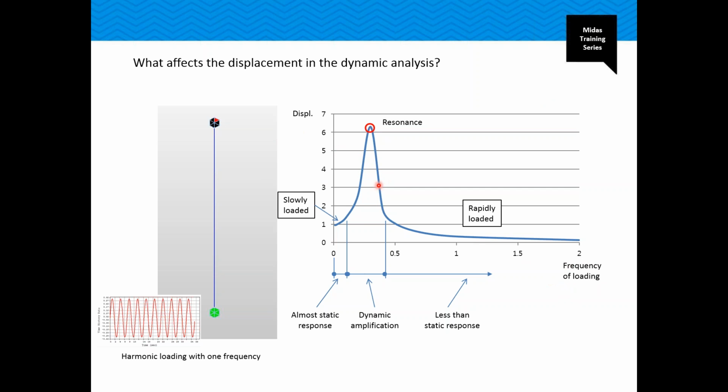When the frequency of load is very low or slowly loaded, the response is almost the same as the static response. If it is very rapidly loaded, the displacement becomes zero. If there is no damping in the structure, the displacement at resonance will be infinite.